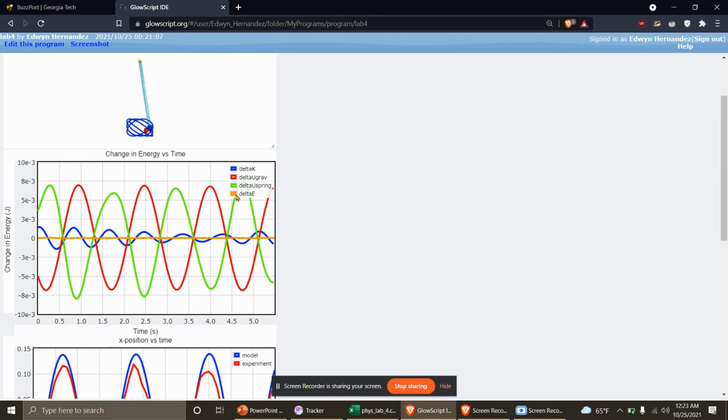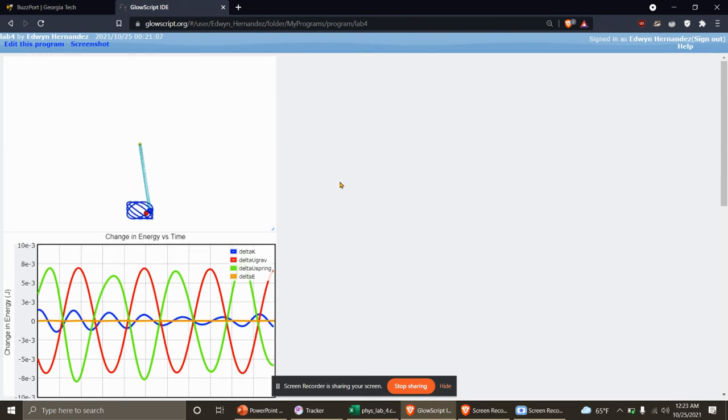We know that the energy principle is satisfied because the energy principle states that no energy is created nor destroyed. It's all converted into different types of energy. So right here we can see that the total change in energy is 0, using the equation where the total energy equals all the different energies combined.